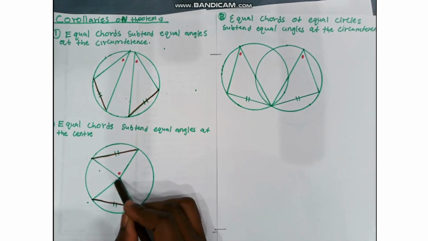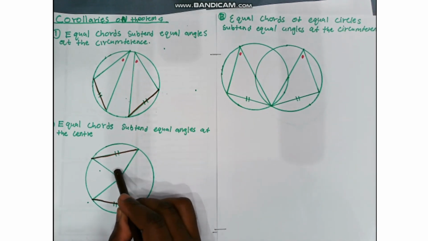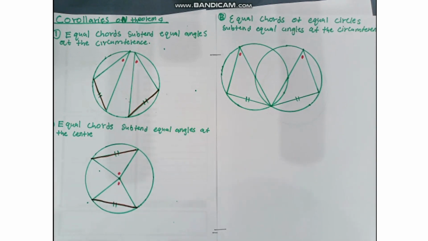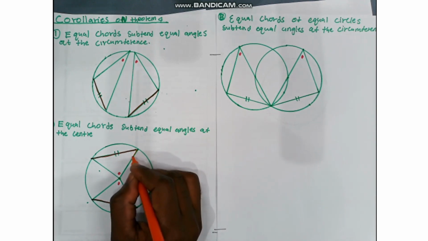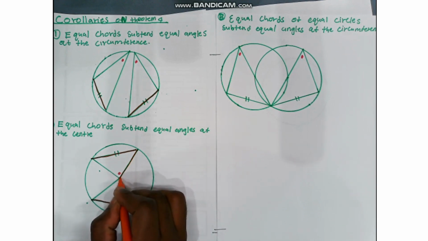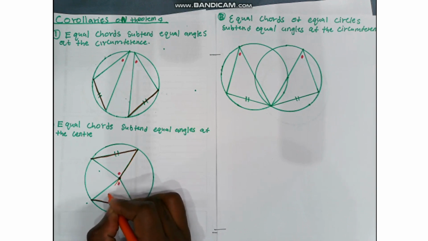So this one is equal to this one because equal chords subtend equal angles. Guys, it's not vertical angles.